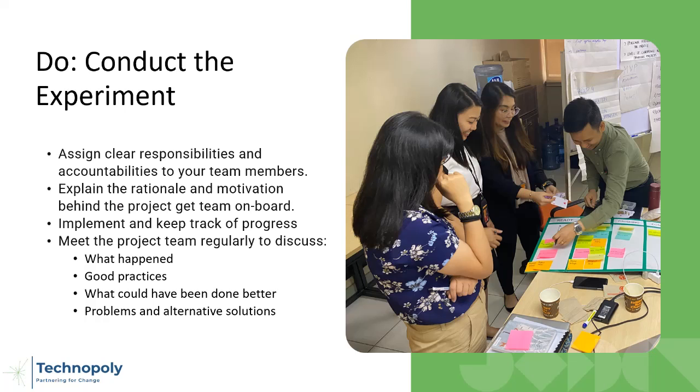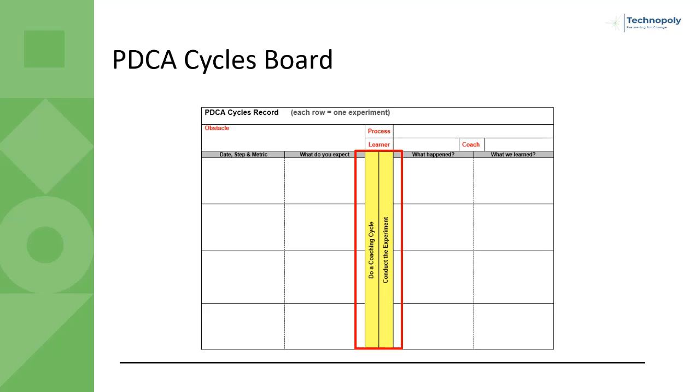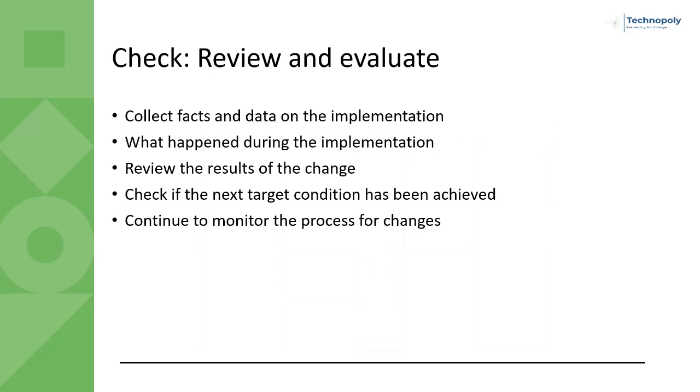Note down what happened during the implementation, such as what good practices were observed, what could have been done better, and if there are any obstacles that were encountered. In the PDCA cycles board, this is the portion where the experiment is conducted and we observe the process and the results.